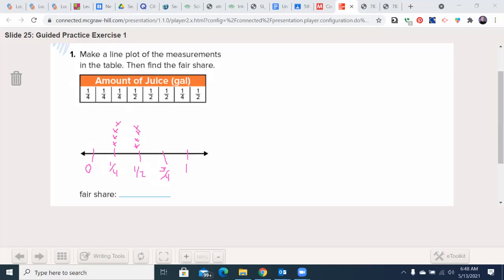So now let's add it together. I have 4 quarters, which is 1, and 4 halves, which is 2. So I'm going to have 3, and it's going to be divided by 1, 2, 3, 4, 5, 6, 7, 8. So my fair share is 3/8 of a gallon. Go ahead and write that in.